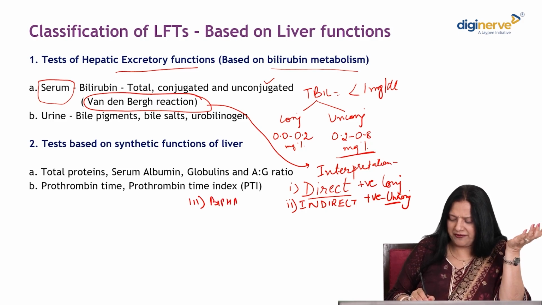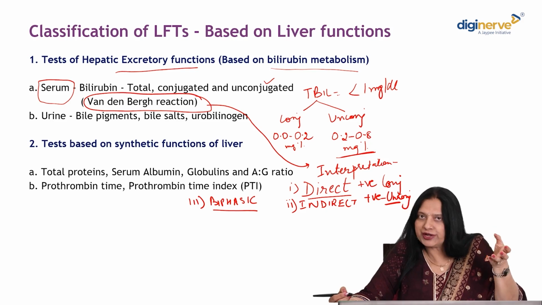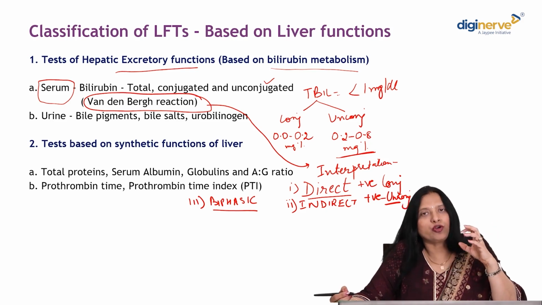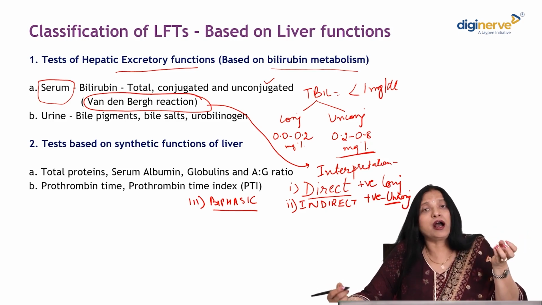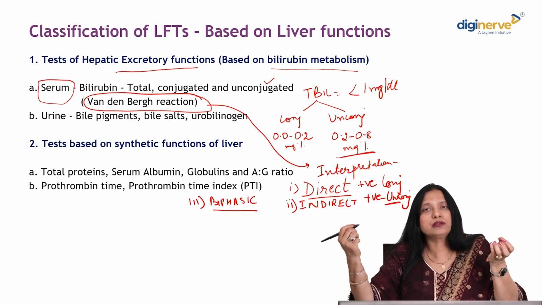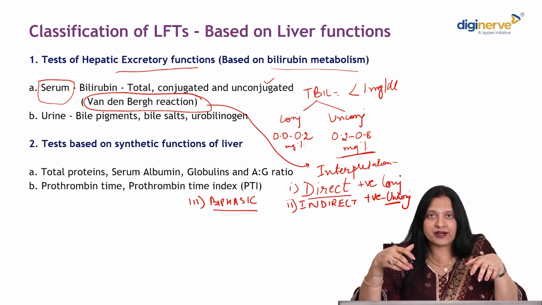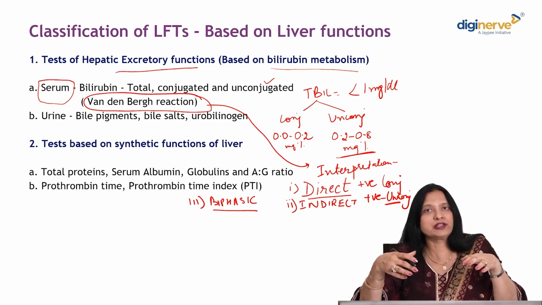Then the third is biphasic. What is this biphasic? When the serum sample contains both the conjugated as well as unconjugated bilirubin fractions, the conjugated one will immediately give color, right? But after you add methanol, the color intensifies. That means something else has got added on, so now the unconjugated bilirubin is also giving the reaction.